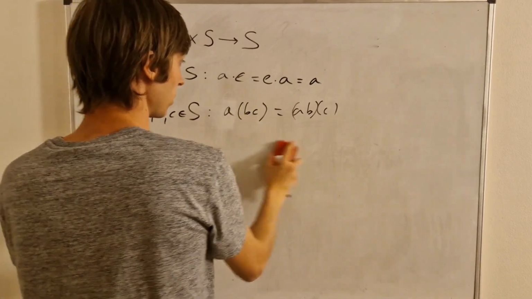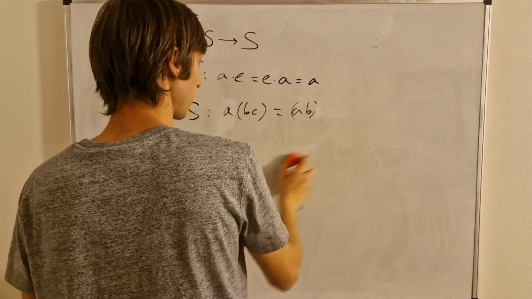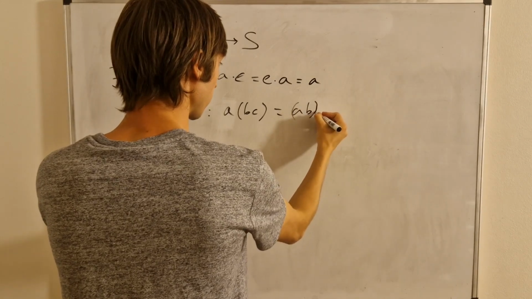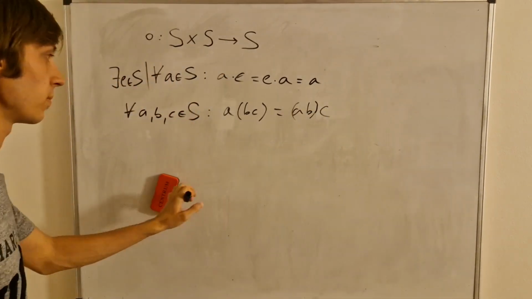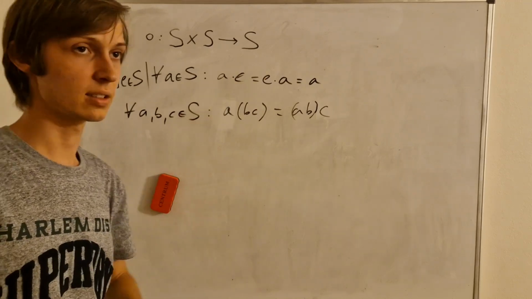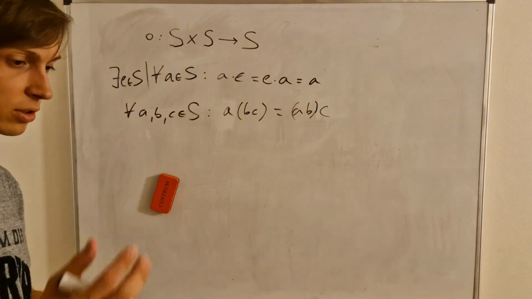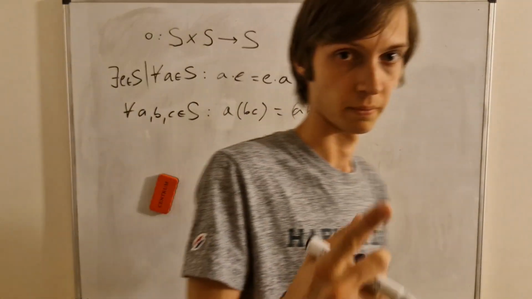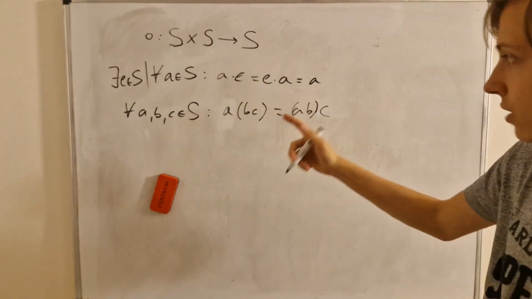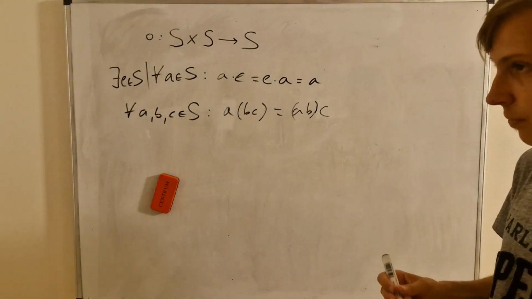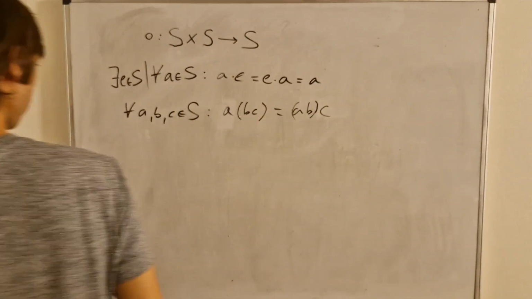We don't have to write parentheses by convention if it's one letter. So this is associativity, and the other is the existence of identity. And of course, the lowest number of elements in a monoid is 1, because that would be the identity element itself. So that's that. Now we can have an example.